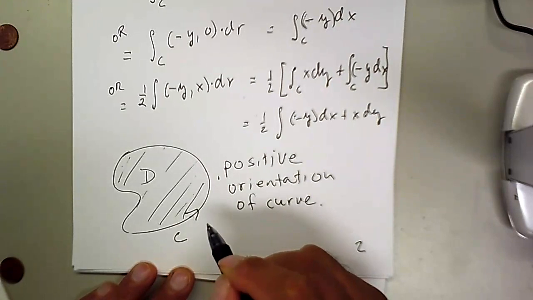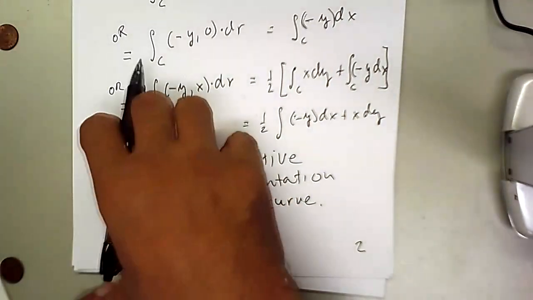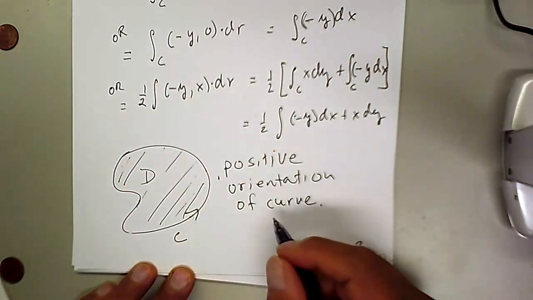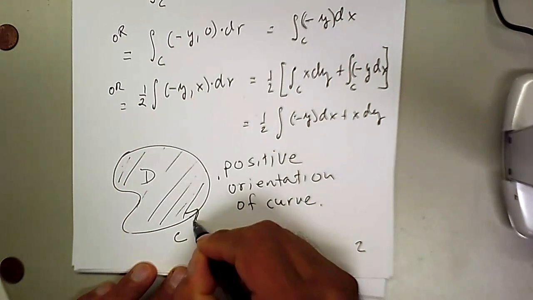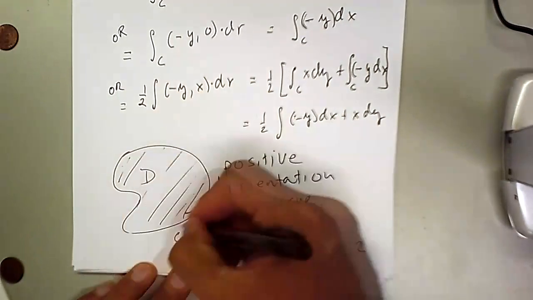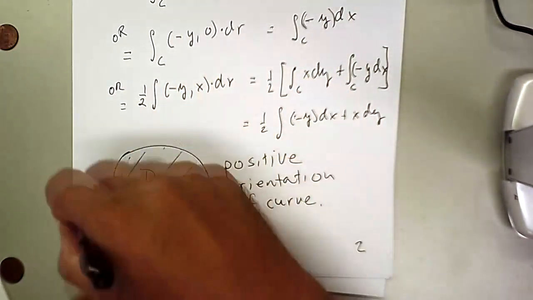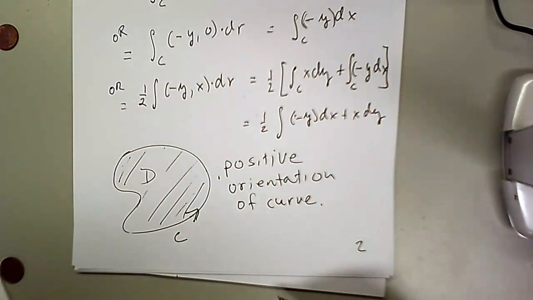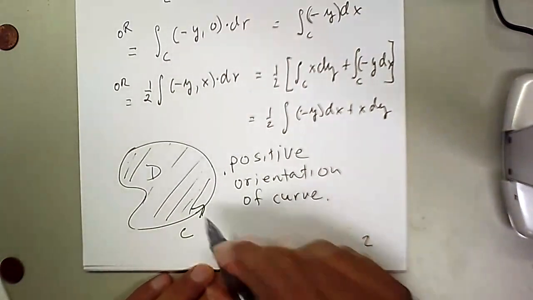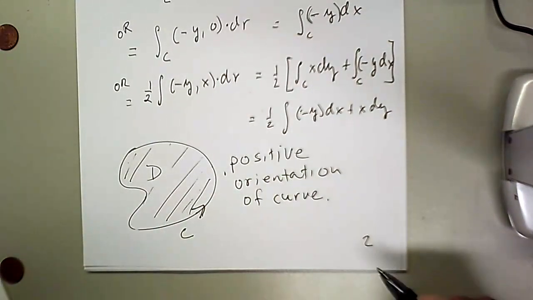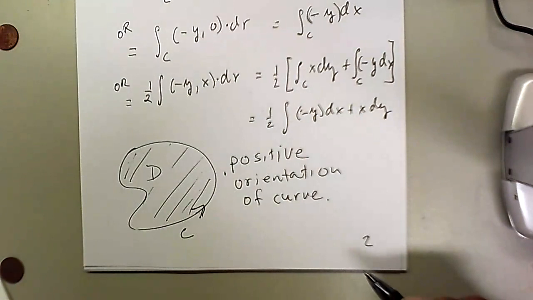Or the other way to say it is that as you see the region from the top, the curve is being drawn counterclockwise, this direction, not this direction. If you do it the other way, then you're going to end up with a negative of what you're supposed to get. So can we do it the other way? Sure. We're just going to end up with the opposite.